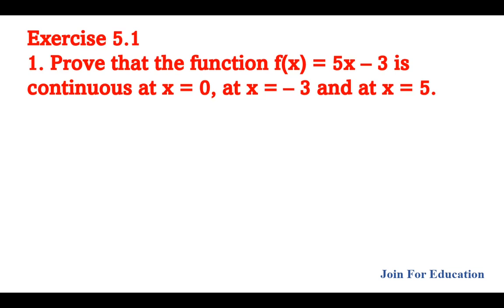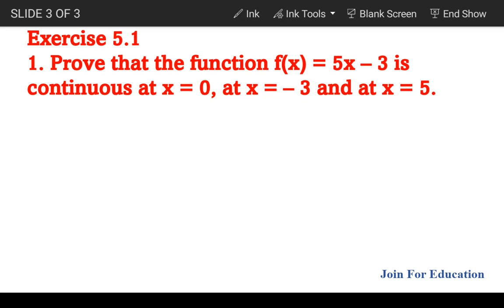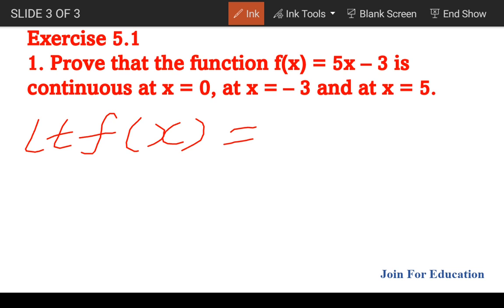First of all, we recall definition 1. Definition 1 says that the limit of the function equals the value of the function at the point at which continuity of the function is to be tested, as x tends to that point.